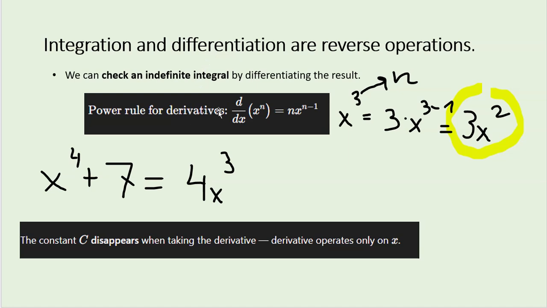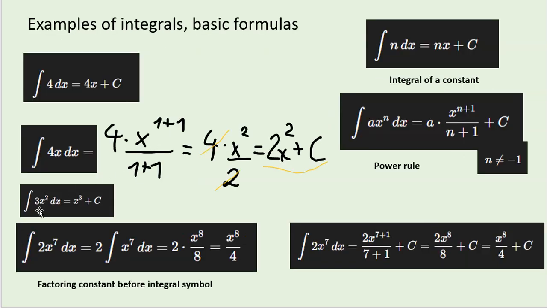So for example, we notice we use this symbol to indicate derivative, d over dx. We had a function, the integral of 3x squared dx equals x to the power of 3.